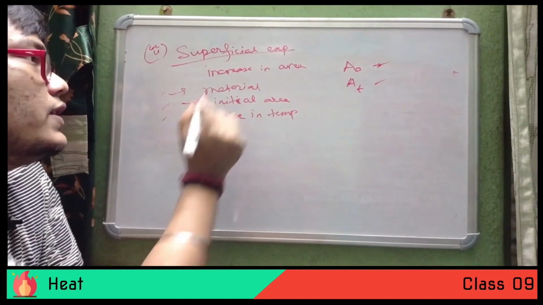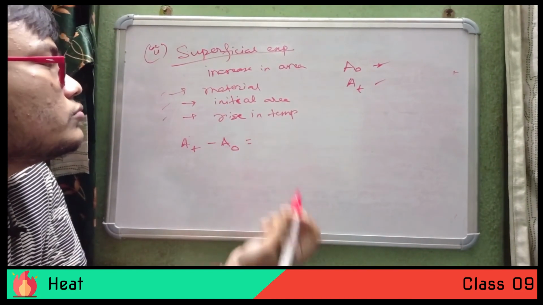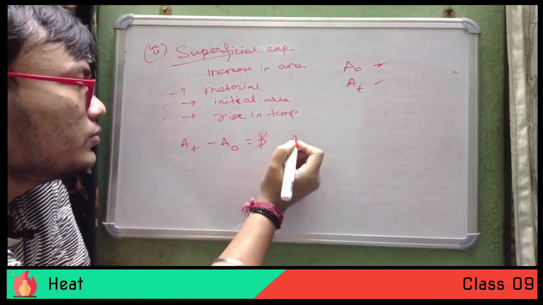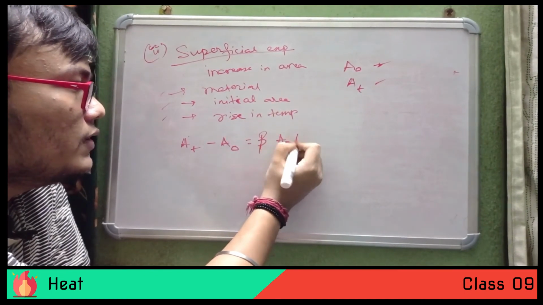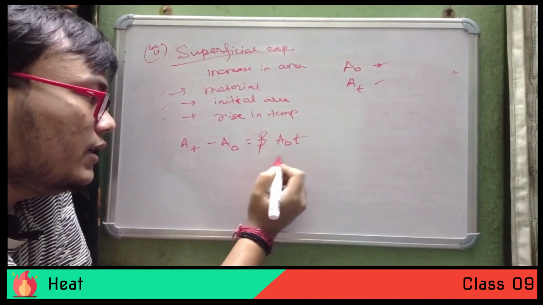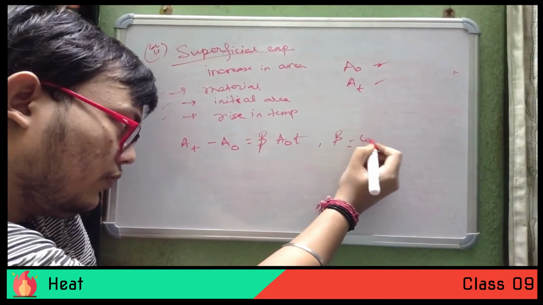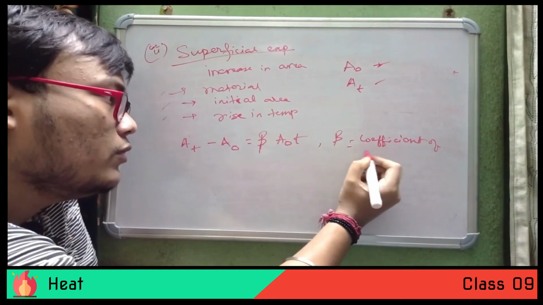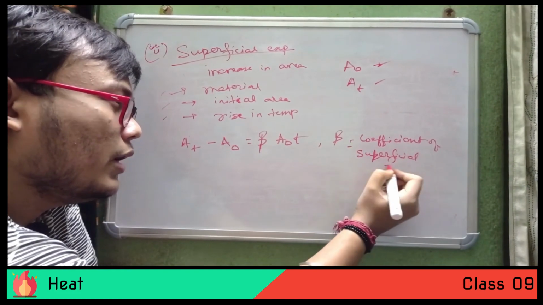So the increase in area, AT minus A0, equals beta times the initial area A0 and the rise in temperature T, where beta is the coefficient of superficial expansion.